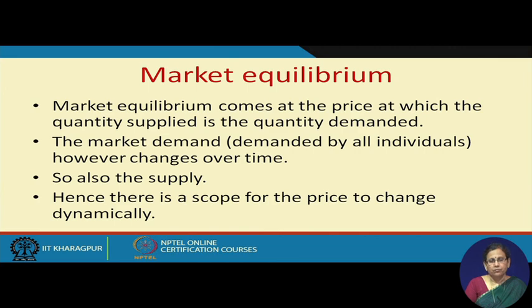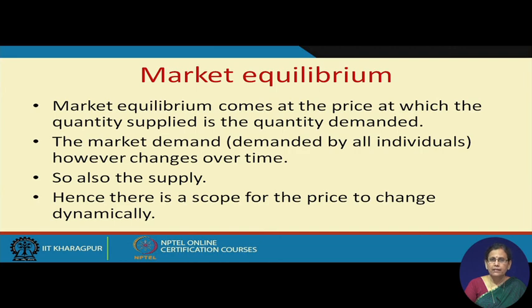Now, how are these prices determined in a market? It is determined because of the market equilibrium. Now, what is market equilibrium? Market equilibrium comes at a price at which the quantity supplied is the quantity demanded. The market demand, that is the overall demand by all individuals, changes over time, and so does the supply.